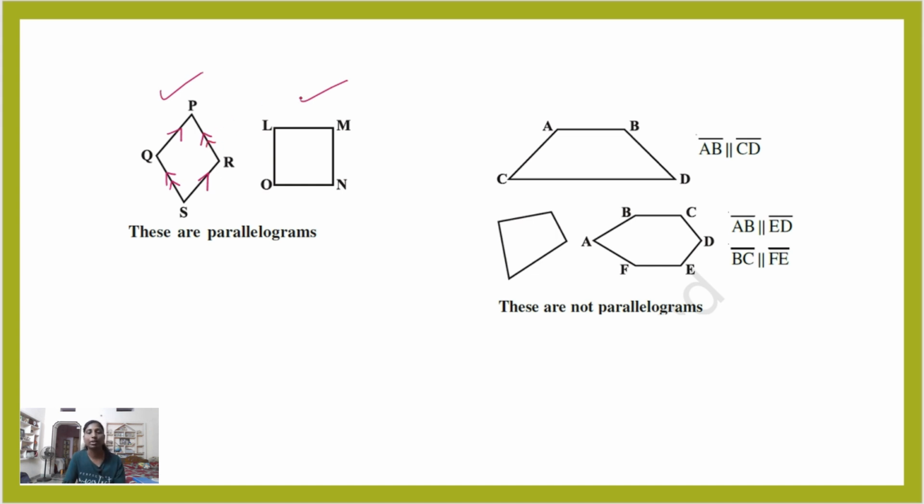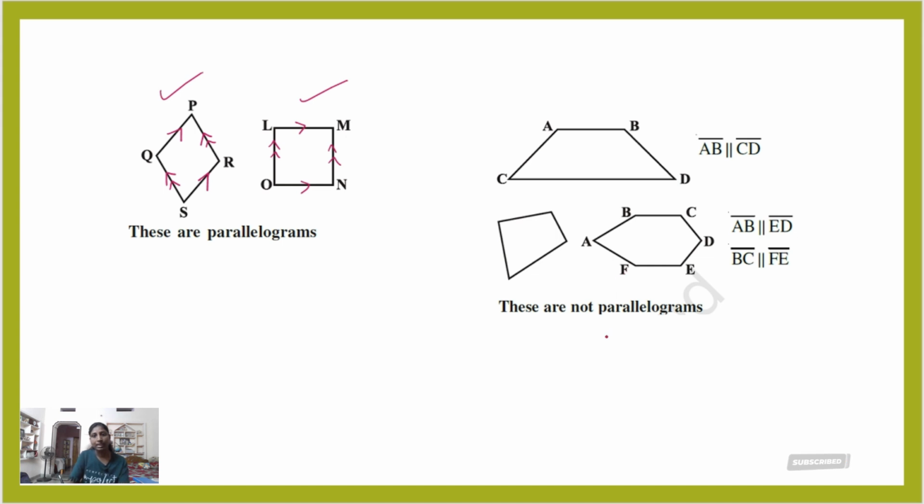So this is also a parallelogram. In any quadrilateral, if each pair of opposite sides is parallel, then the figure is called a parallelogram. So in the next figure also LM is parallel to ON and LO is parallel to MN. So it is also a parallelogram. So these are also parallelograms.